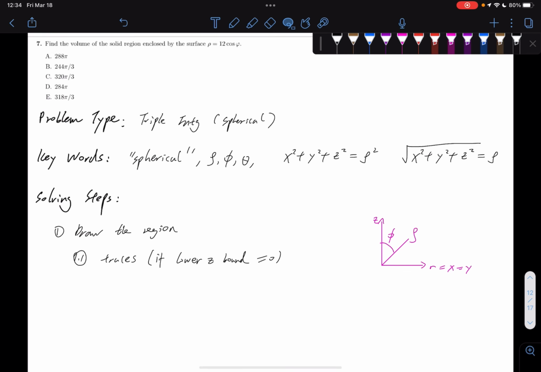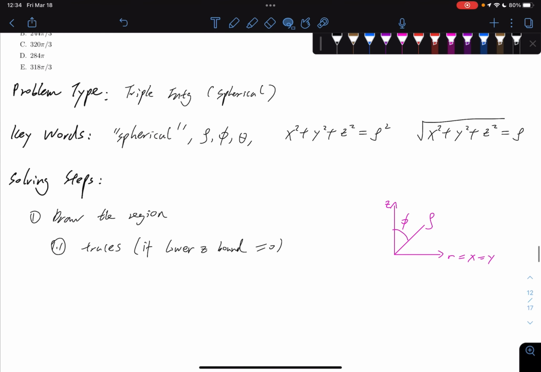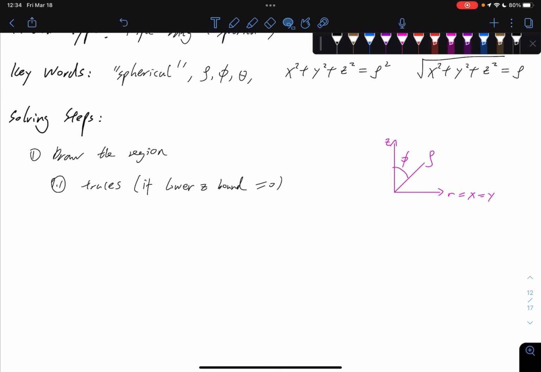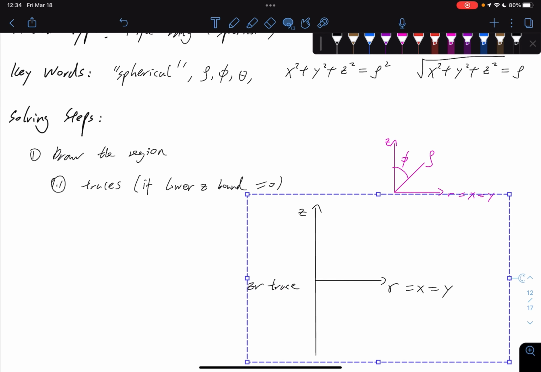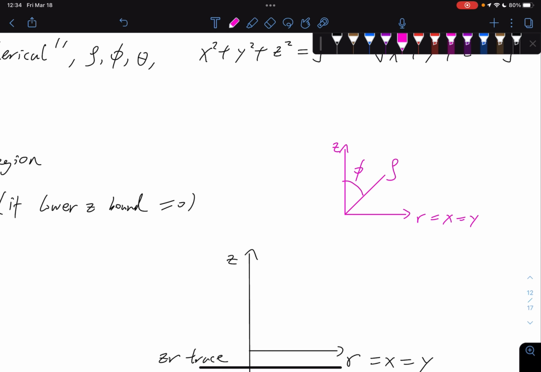Because it's spherical coordinates, we can take advantage of its axial symmetry by creating this special trace called the ZR trace. The R is no different than x and y, and then we can find the phi from the positive z-axis, and we can find the rho, the radius, by measuring from the origin.